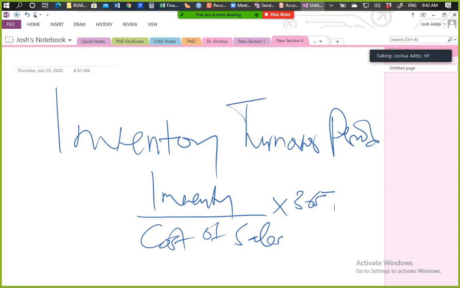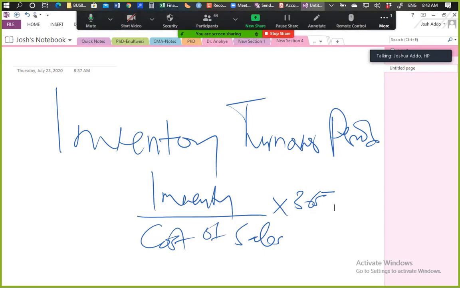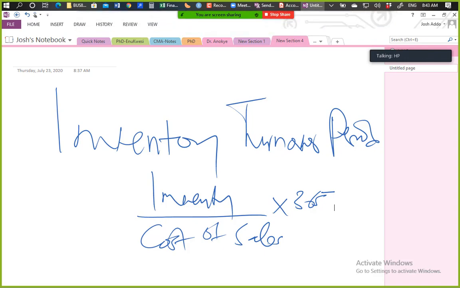So in almost all textbooks, even though what you are saying is 100% correct, that there can be a leap year where one extra day is added, they ignore that. In fact, it doesn't make any difference. If you add 1 to 365 to make it 366, the value you get for the inventory turnover period will approximately be the same. The one will not cause it to change significantly. Okay, thank you.